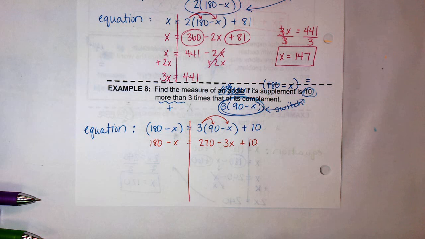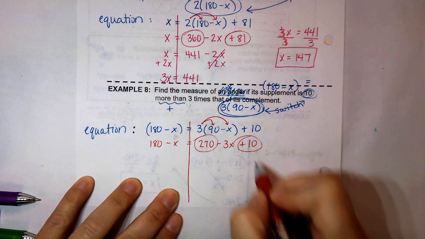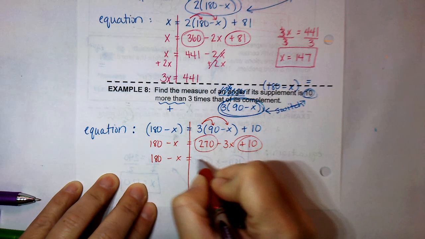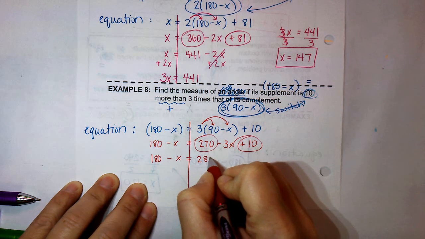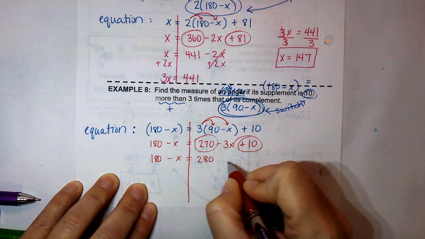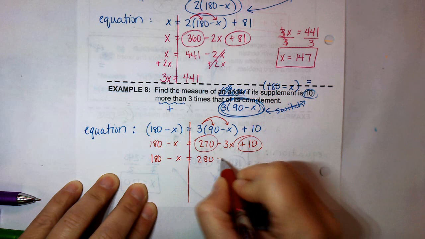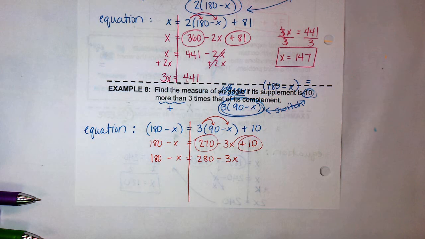Let's work on the right first, okay? So combine like terms. 270 plus 10 is 280 minus 3X. One step at a time. Keep it all straight.